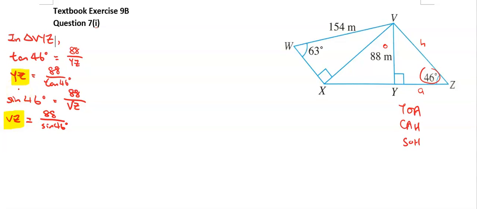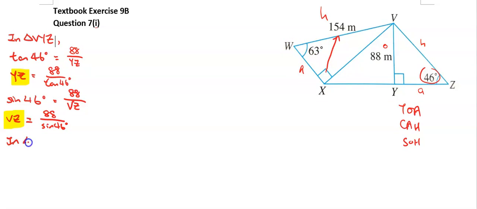Having found these two sides, another more straightforward side that we can find is WX, in triangle VWX, or VXW. In this triangle, we know 154 meters is the hypotenuse because the right angle is here. To find WX, WX is adjacent to 63 degrees.